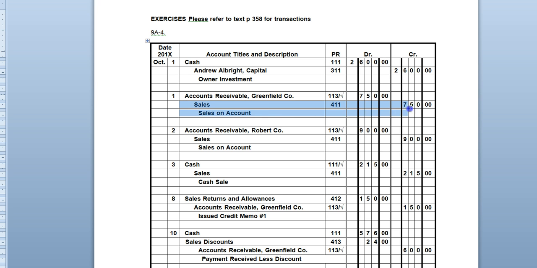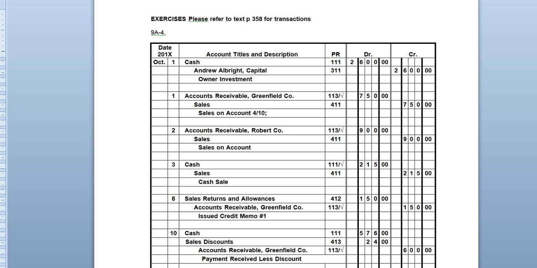That's the revenue account that will accumulate, and ultimately the total of which will appear on the income statement of profit and loss. Now, all of these sales, if you read the book, have terms 4/10, net 30.